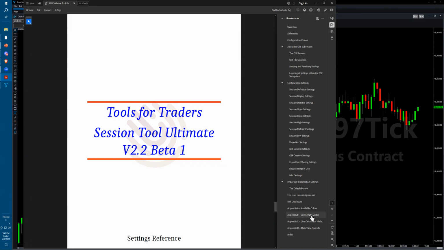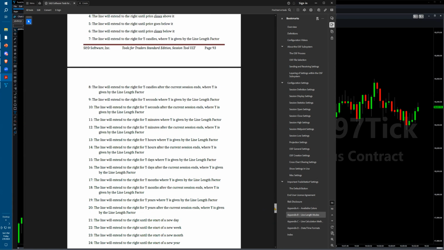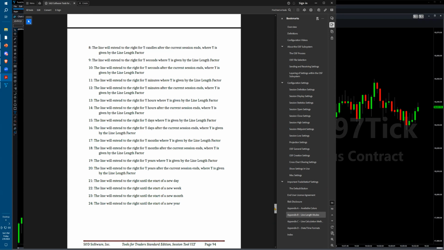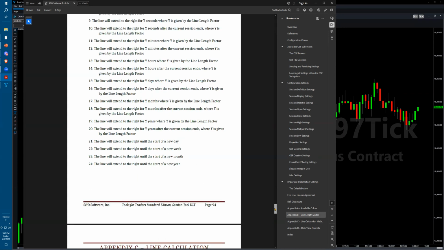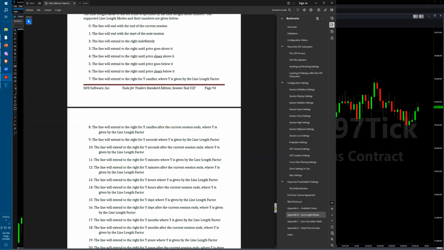So we'll go look at the line length modes. There's quite a few different methods for ending a line here. And they've all been given numbers. So we got 24 of them. Some of these are pretty simple. You know, method 0, the line ends with the end of the current session.